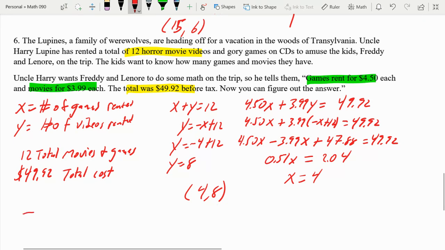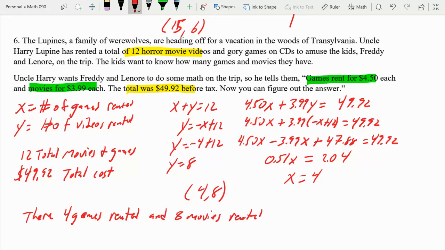So then in words, Mr. Werewolf rented 4 games and 8 movies. All right. I hope that helps. Let me know.